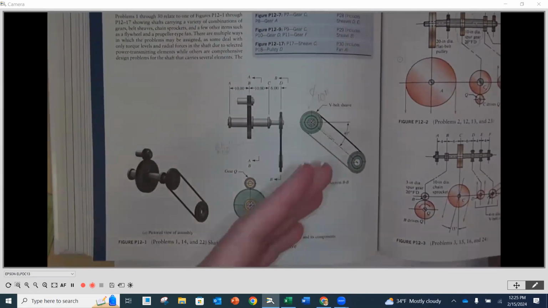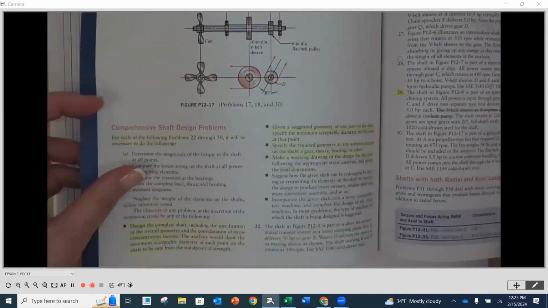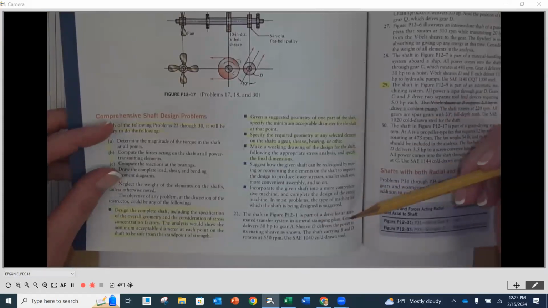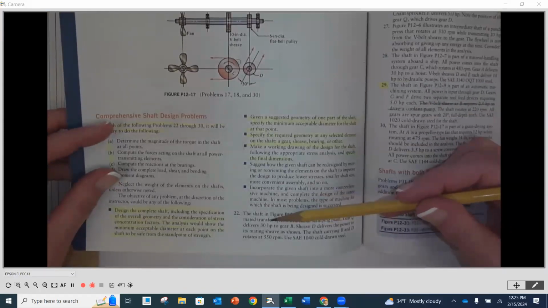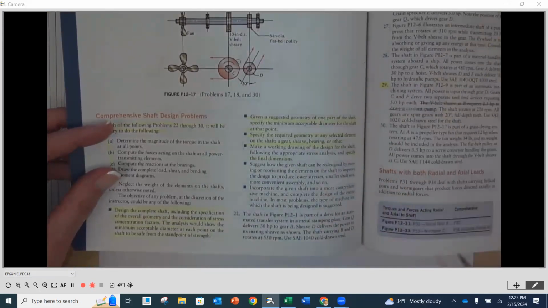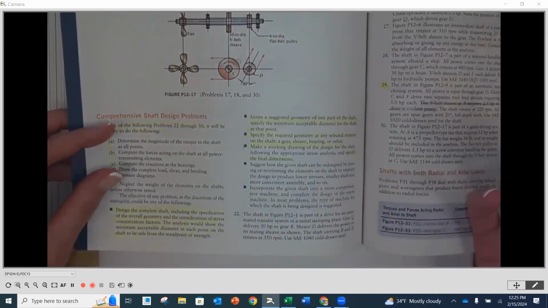And I think I've got to remember what the problem said. What I need to know is, is this a driver or a driven gear, right? Because that's going to set the direction of my tangential force. I have to know. So it says here that gear Q delivers 30 horsepower to gear B. So B is what? Driver or driven? Driven, right.